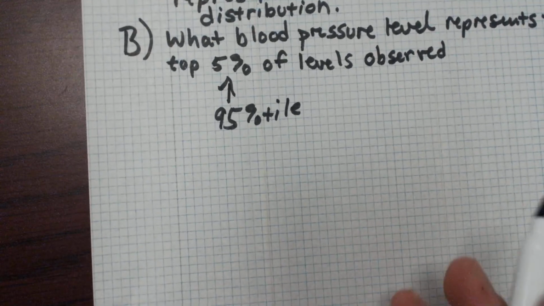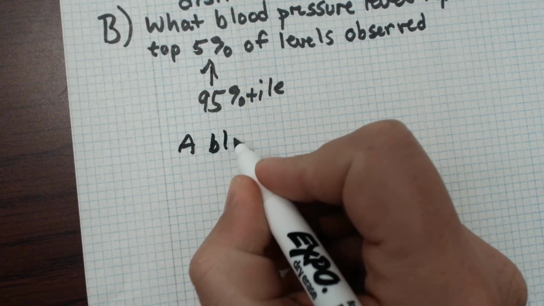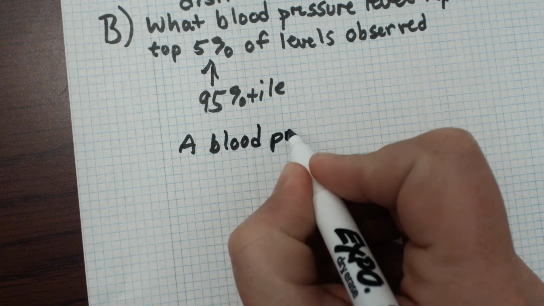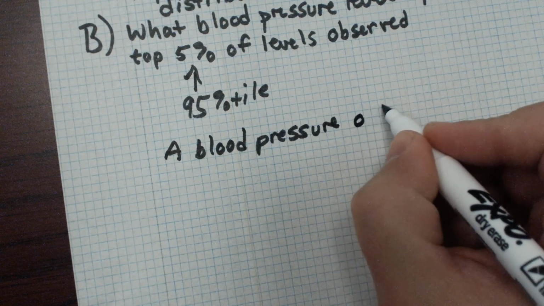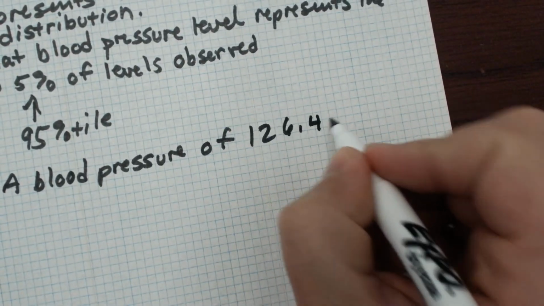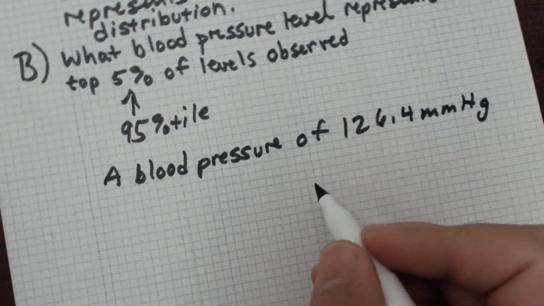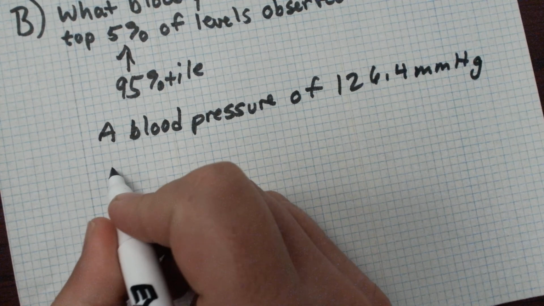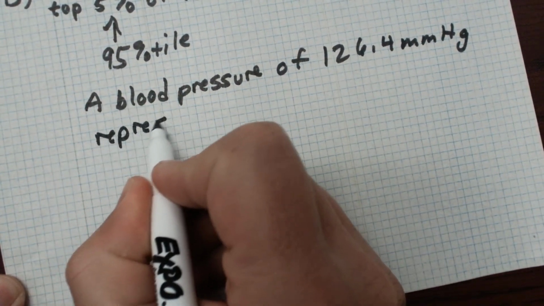Okay, so you would just answer a blood pressure level, similar setup to the previous answer. 126.4 represents the 95th percentile, or you want to stay with the problem, so represents the top 5%.